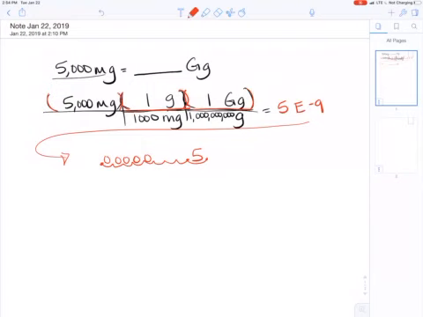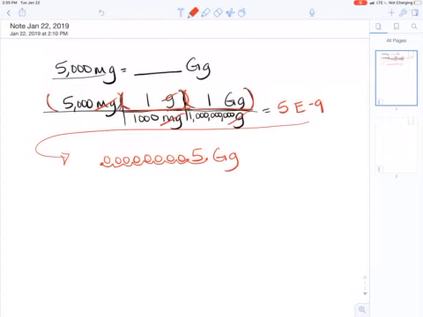And then you fill in with all these zeros. So your number is really this 0.000000005 number, and it would be gigagrams, right? Because these grams will end up canceling and these milligrams will end up canceling.